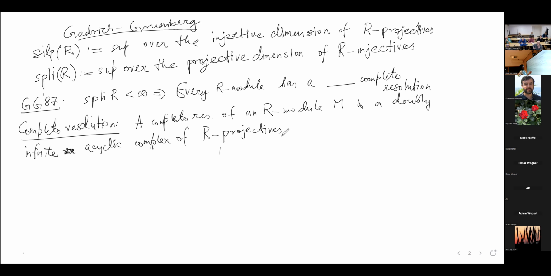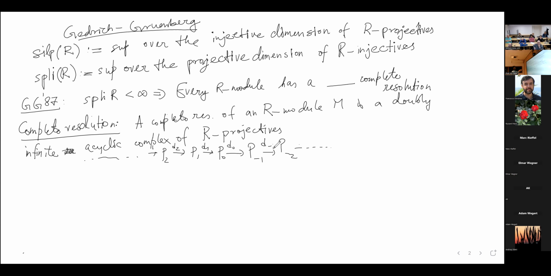Let's say P0, so my numbers increase this side. This is D0, D minus 1, D1, D2, and so on.